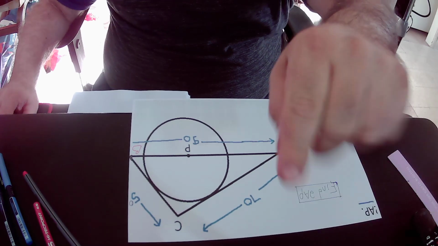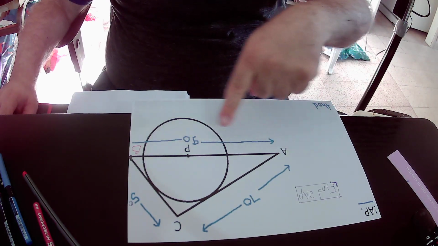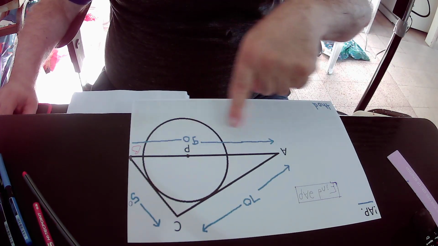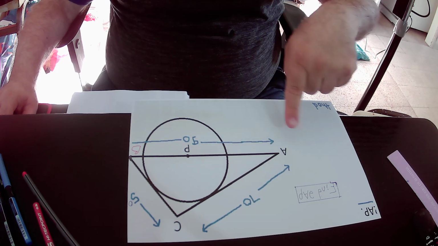Now, in this lecture, we will find the value of 2 times AP, or the size of 2 times AP.